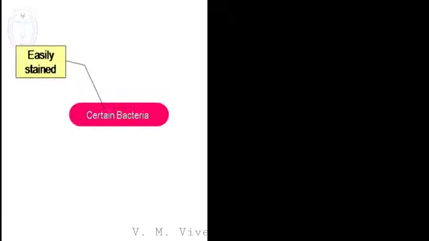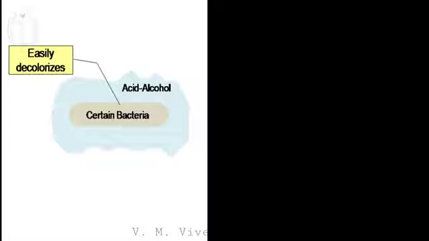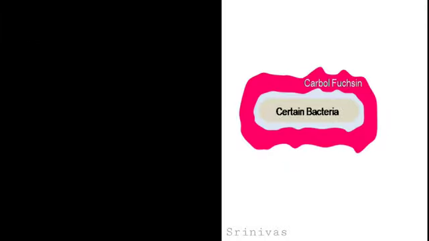Certain bacteria, on application of the carbolfuchsin staining solution, can easily take up the stain to their cell surface. Next, on application of the decolorizing agent, the acid alcohol, they are easily decolorized, leaving the bacteria colorless. In contrast, certain bacteria are difficult to stain with carbolfuchsin.